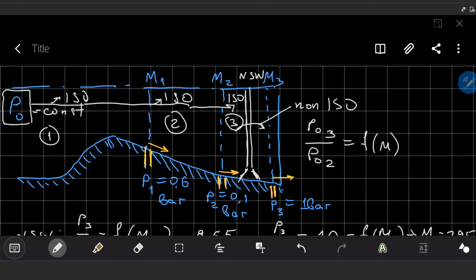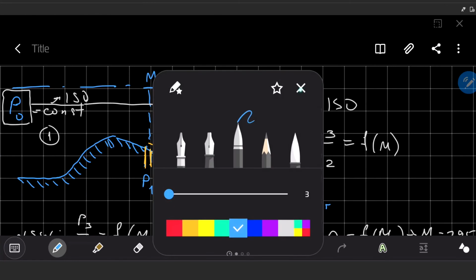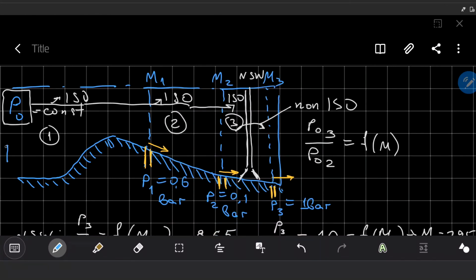We just need to make a reference in our schematic. So I think it would be nice if we put the stagnation temperature somewhere here in the tank.